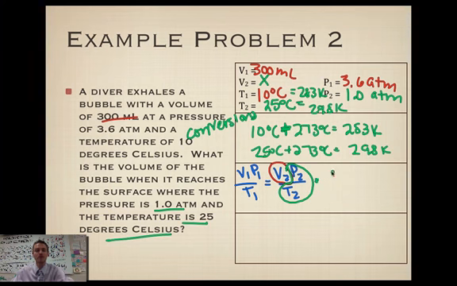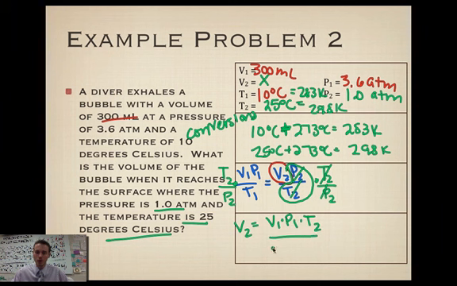I'm going to multiply by the reciprocal, multiplying by it flipped. That crosses out my T2 and my P2. But if I do that to my right side, I also have to do it to my left side. So my final formula to solve for V2 is V2 equals V1 times P1 times T2 over T1 times P2.